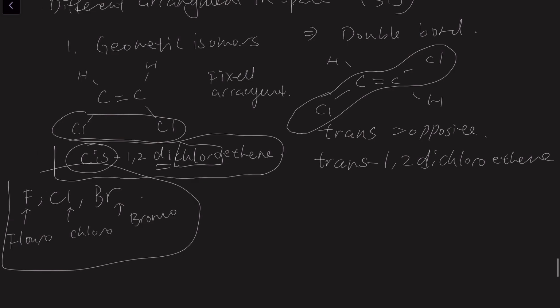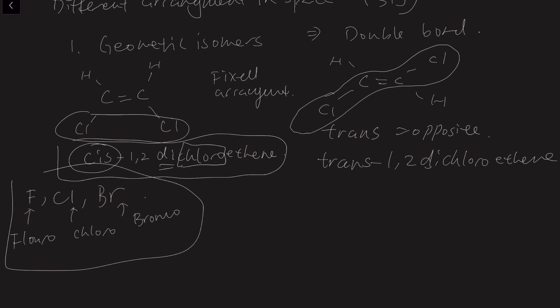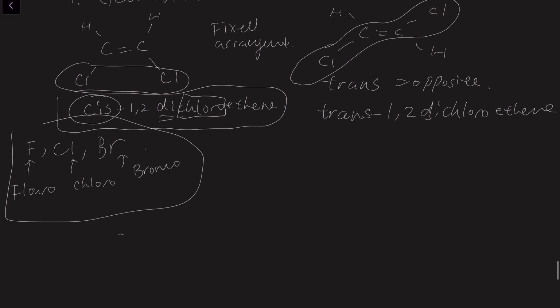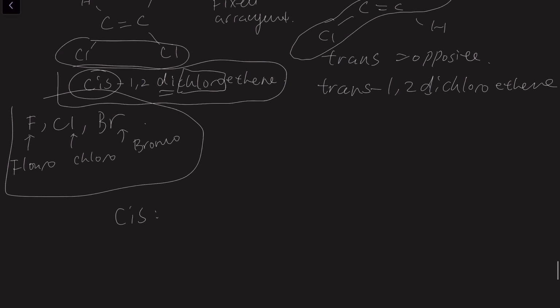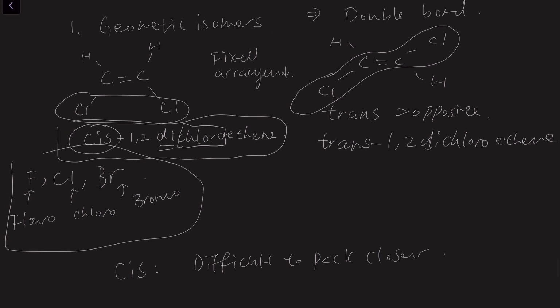So for the cis molecule, it is difficult to pack closer because each side they have different shape. It's unlike the trans, which is more easy to pack. But the trans, if you look at the distribution of charge, chlorine is partial negative, and you have partial negative on both sides.